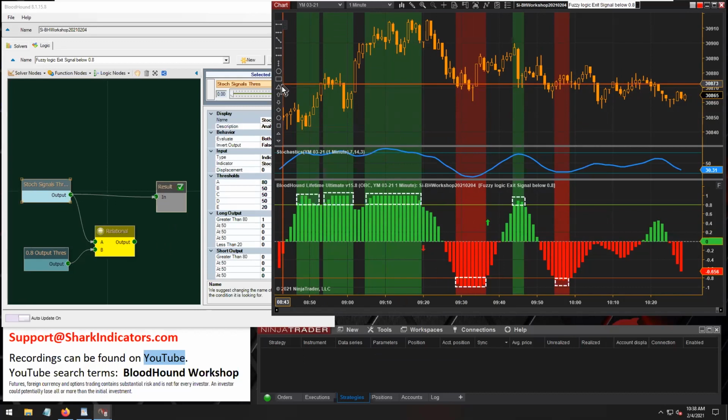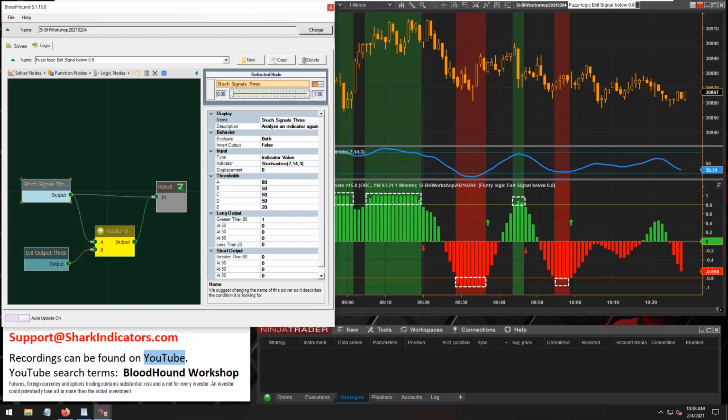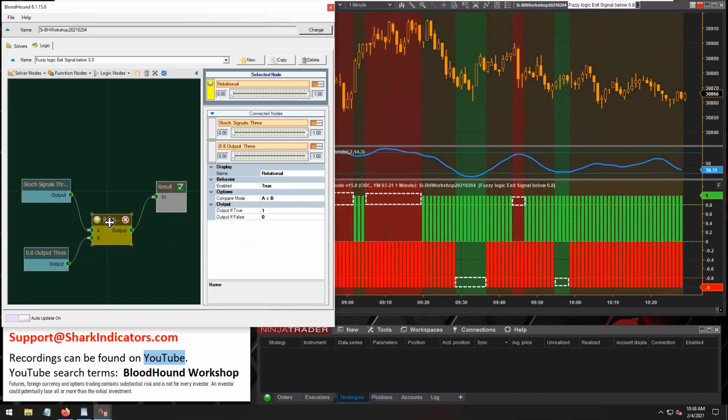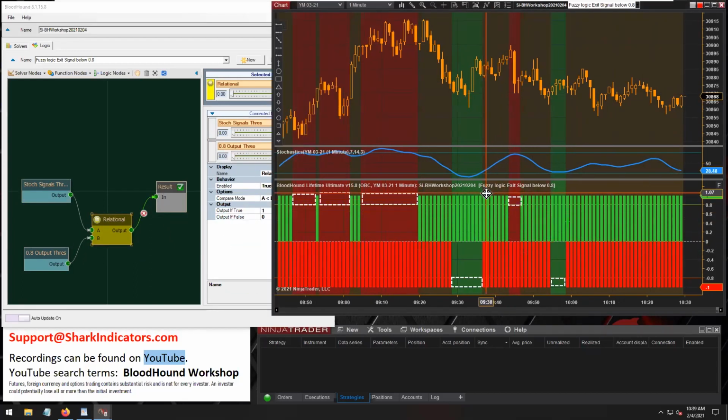All right, so we now know what type of signal direction we need for our exits. Let me mark a couple more of these. There we go. I need to move my arrows out of the way so we can actually see them.